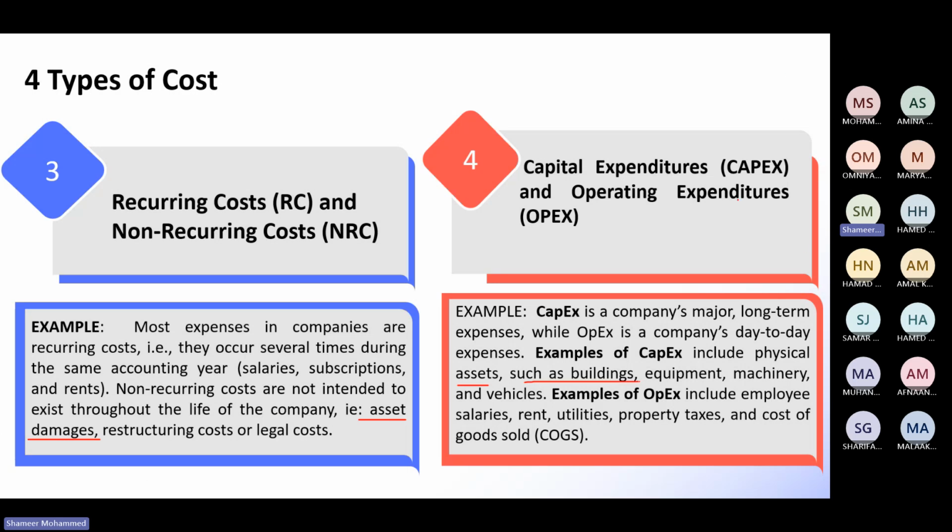These all come under capital expenditure. That is, to start the company, you need to spend this much money. Operations means daily activities: salary of the employee, rent of the building, utilities, property tax, cost of goods you sold. These all come under OPEX, operational cost.